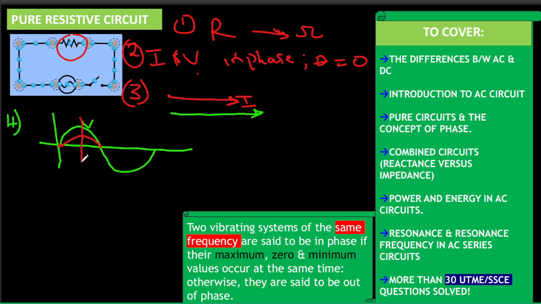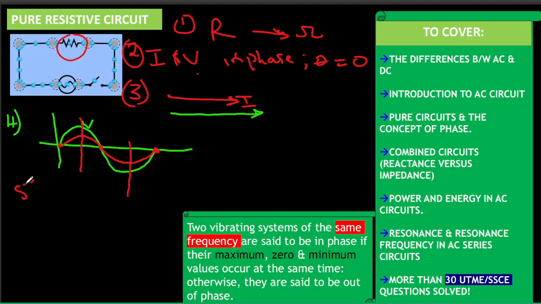So you see the peak, get here, the same peak, and then back to 0. So they started at the same time, hit the peak at the same time, 0, and then the minimum at the same time, back to 0, like that. So this is how you represent current and voltage graphically.